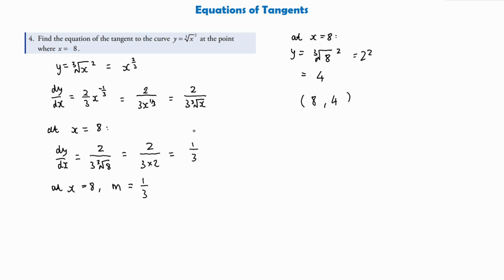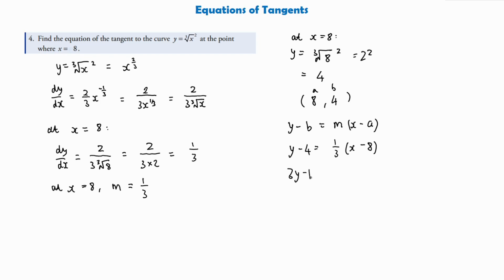And now we have a point and we have the gradient, so we can work out the equation of the tangent, saying this is A and this is B, and we get y take 4 is equal to 1/3, x take 8. Multiply everything through by 3 to get rid of this fraction.